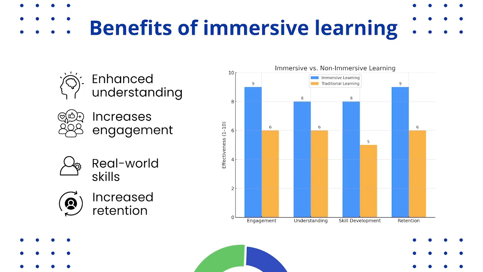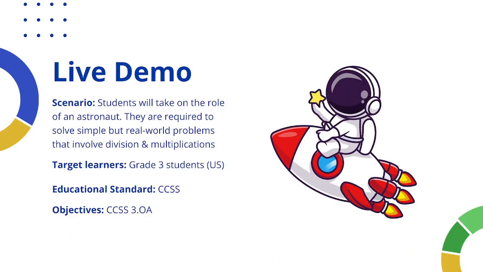Students will get to practice these skills in real-world scenarios. And finally, we have increased retention. Students are more likely to retain the information and use it in other contexts in an immersive environment as compared to a traditional learning environment.